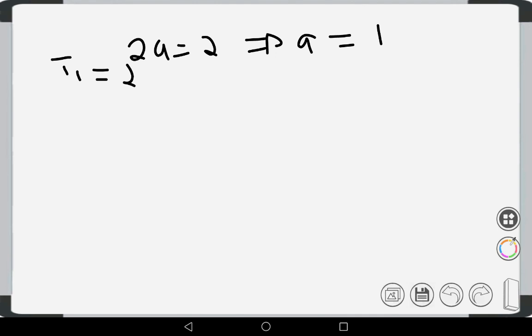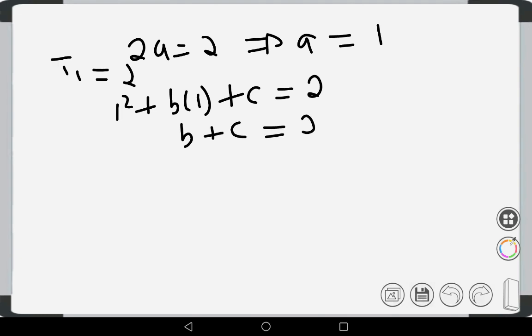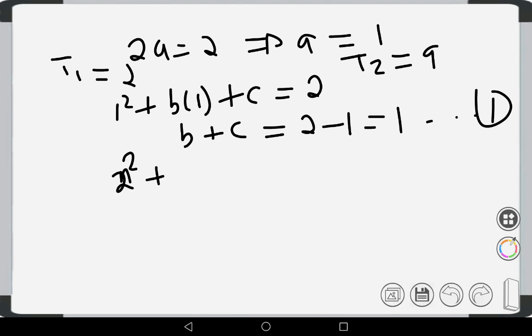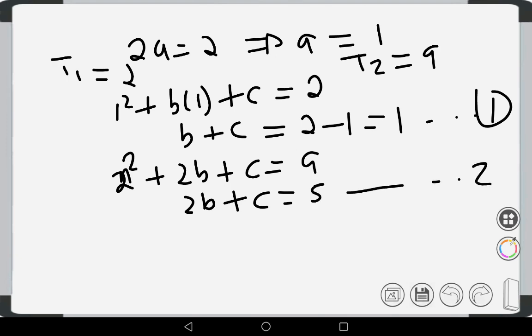So we say 1 squared plus b times 1 plus c equals 2. This implies that b plus c equals 2 minus 1, which equals 1. This is our first equation. We can also pick T2, which is 9, so we have 2 squared plus 2b plus c equals 9. Then 2b plus c equals 9 minus 4, which gives us 5. This is our second equation.